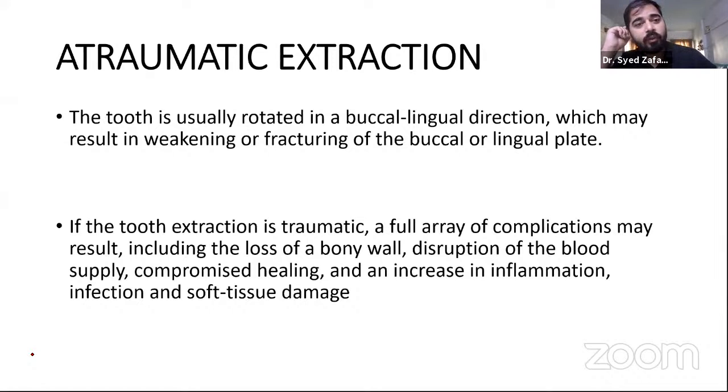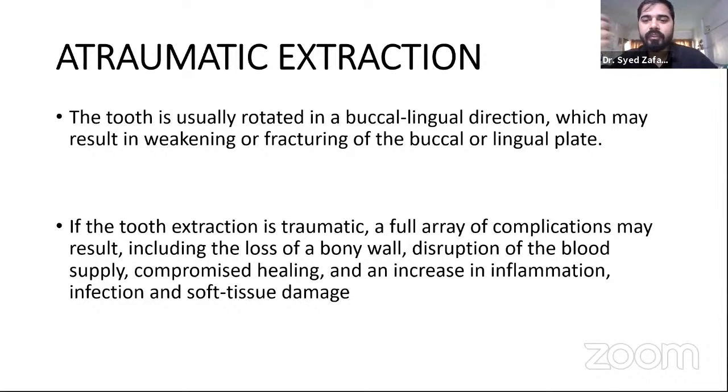How can you do atraumatic extraction? As I already mentioned, when we are doing extraction of a tooth, we know that there are 5 principles: buccal, lingual, rotational, traction, apical forces.